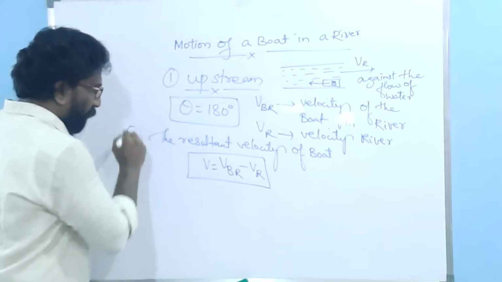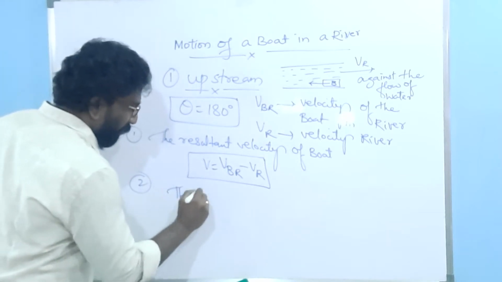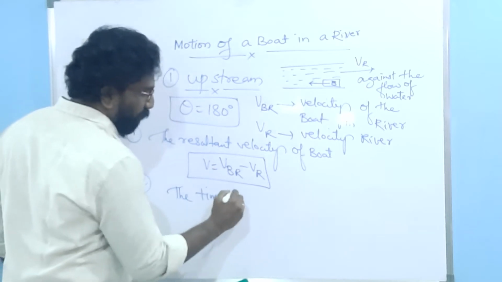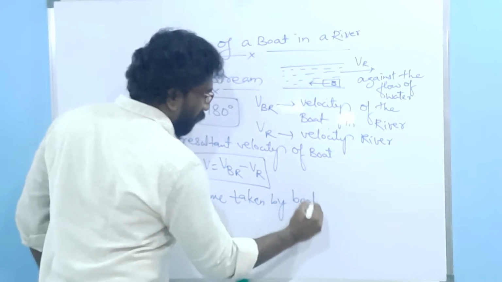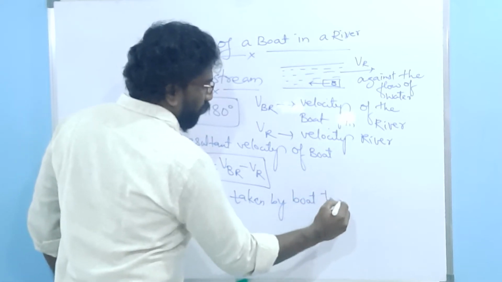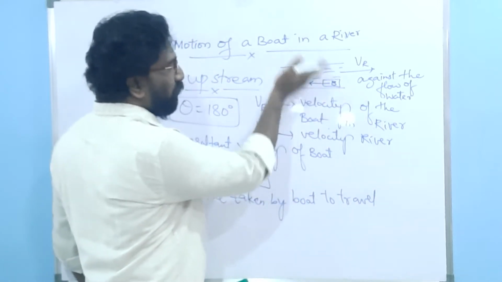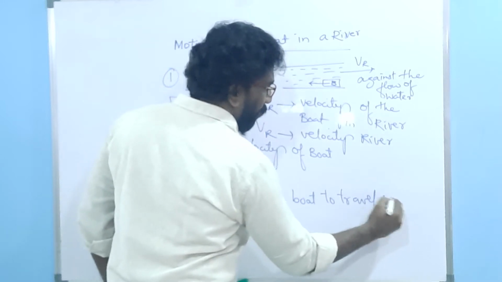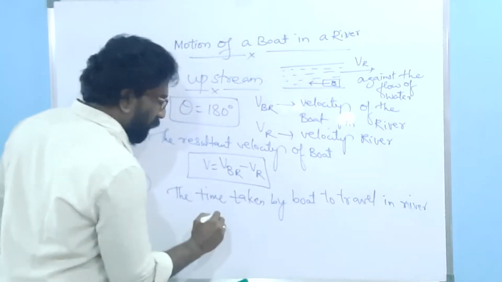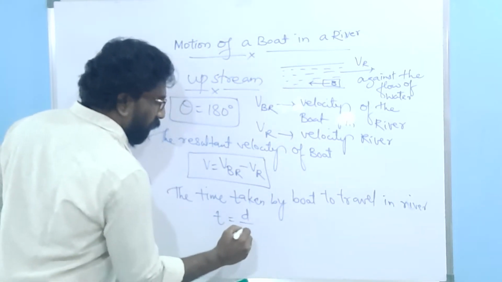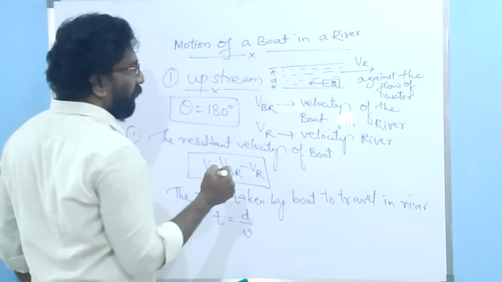Then next one, the time taken by the boat to travel from one end of the river to the other end of the river. We know that time T is equal to D over V, where D is nothing else but the distance between the two banks of the river.